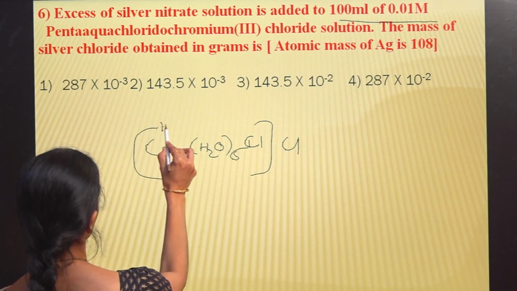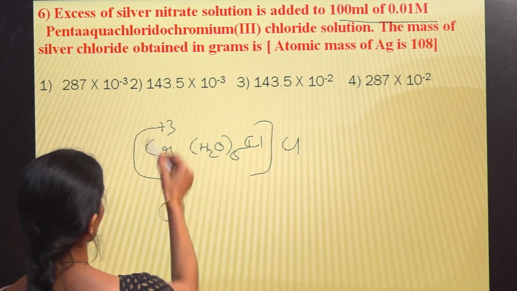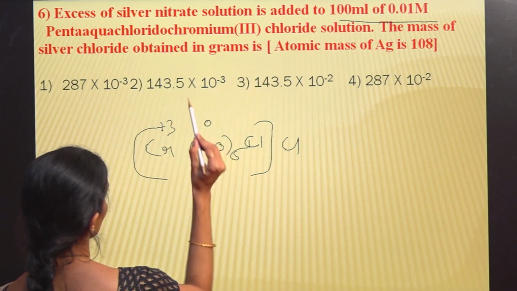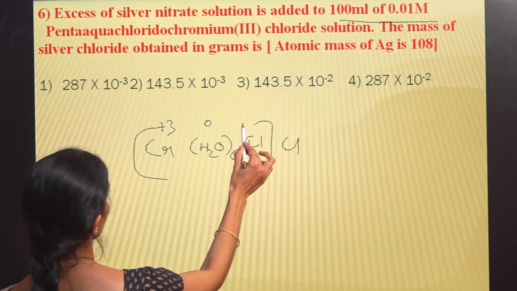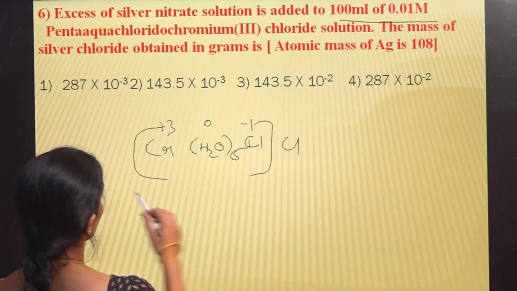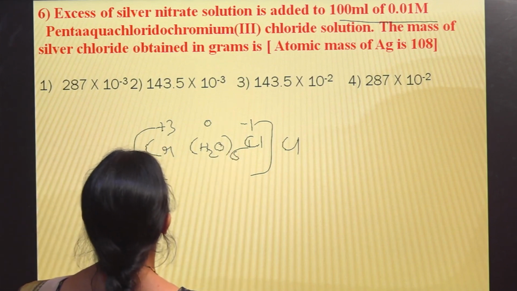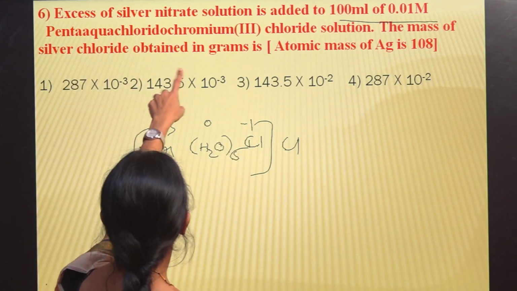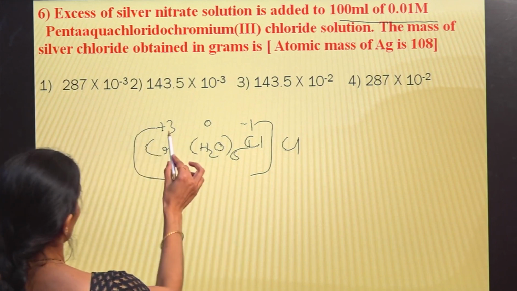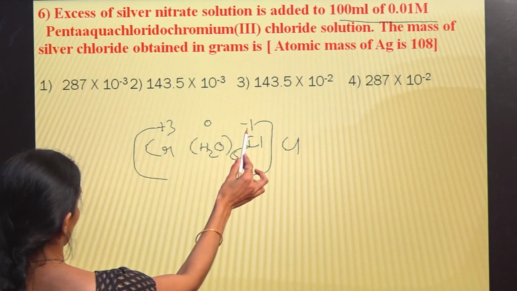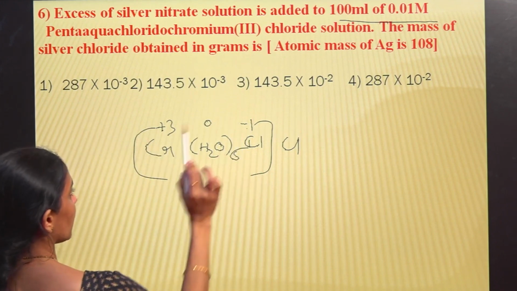Chromium oxidation state is +3, it's given. Water, you know, is neutral. The Cl is -1. Okay, so +3 and -1, mix it, +2.